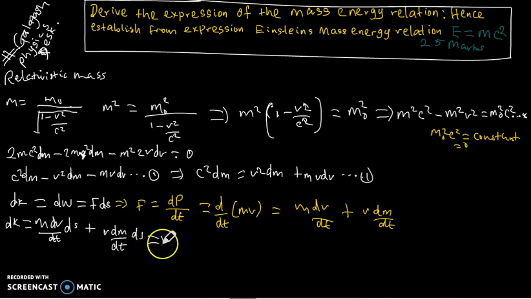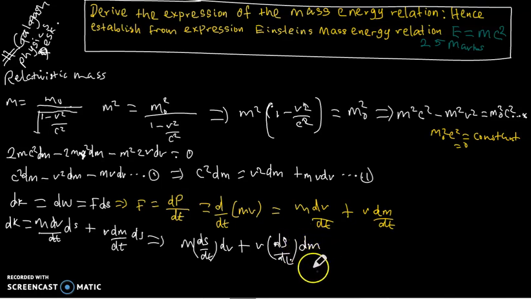We can rewrite this to be m ds/dt with respect to v, dv, plus v ds/dt with respect to m, dm.